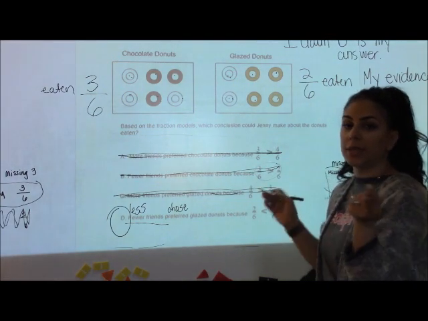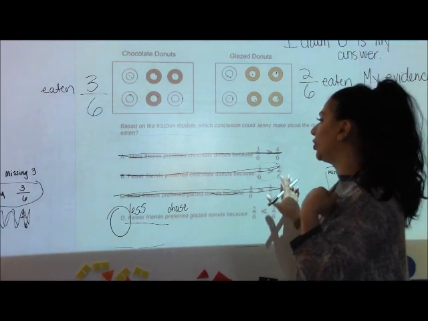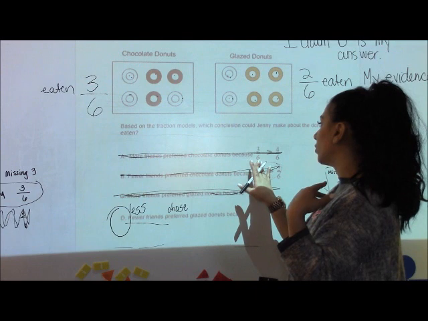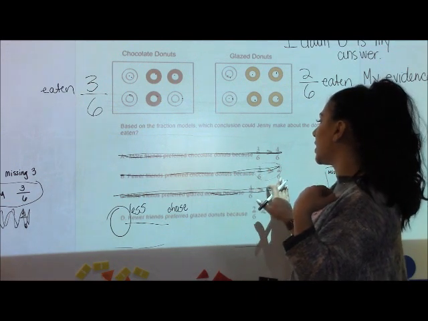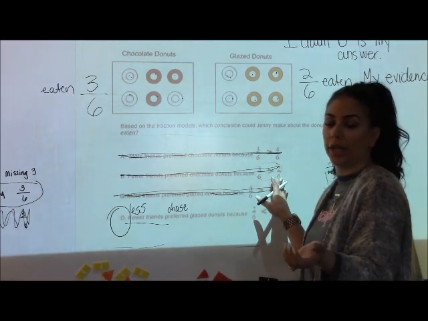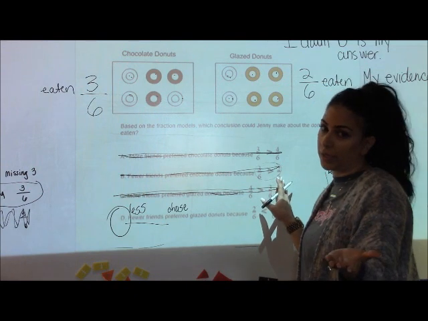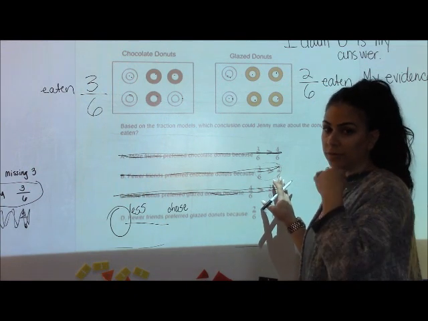Because somebody may argue with you and say, well, 3/6 is greater than 2/6, so why isn't B your answer? Which is where your reasoning comes in, so can you give me your reasoning as well?